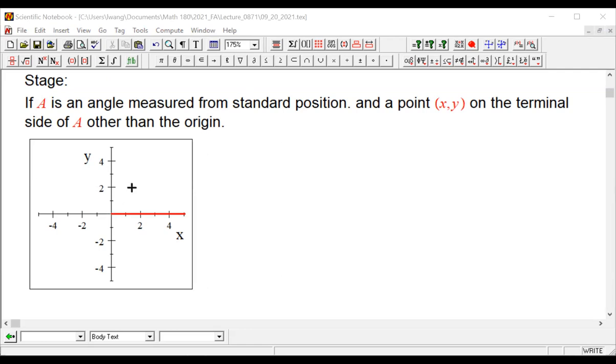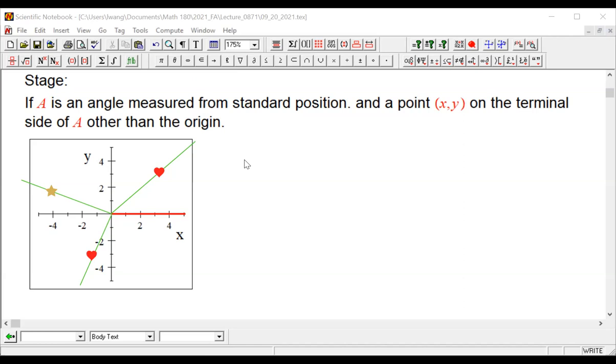Your terminal side could be here, and you pick a point here. And your terminal side could be there, and you pick a point there. Your terminal side could be over here, and you pick a point right there.